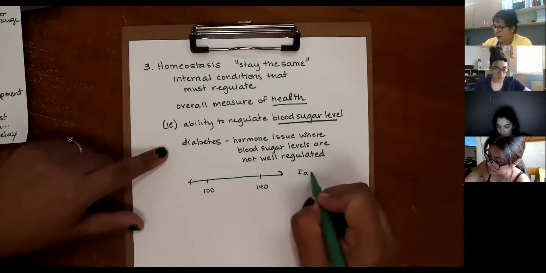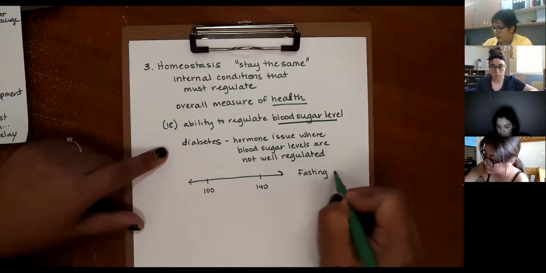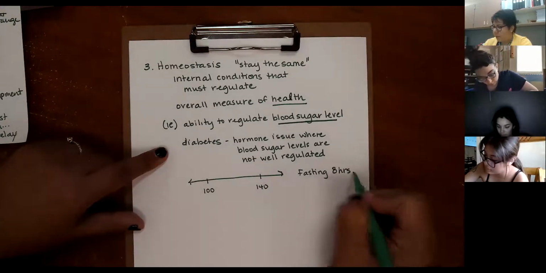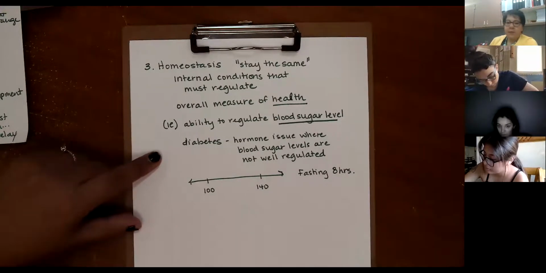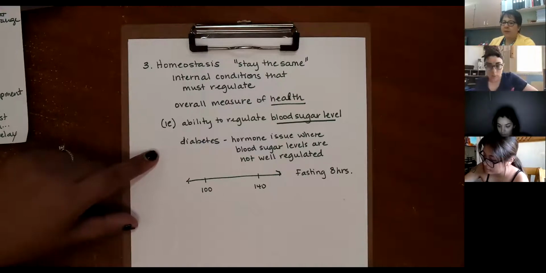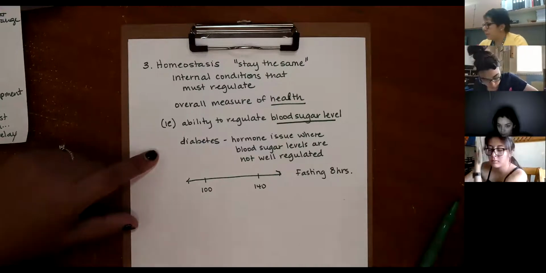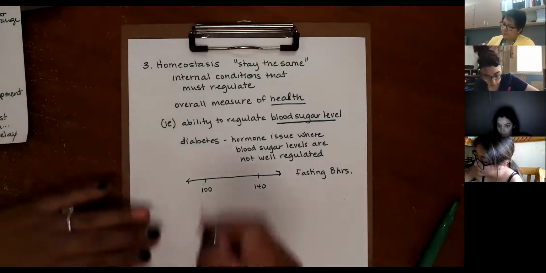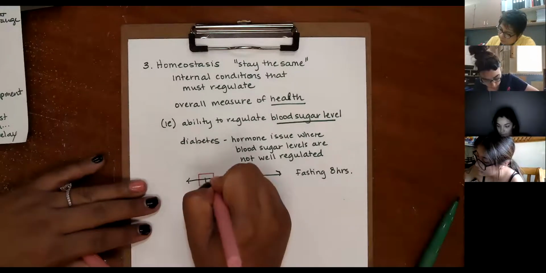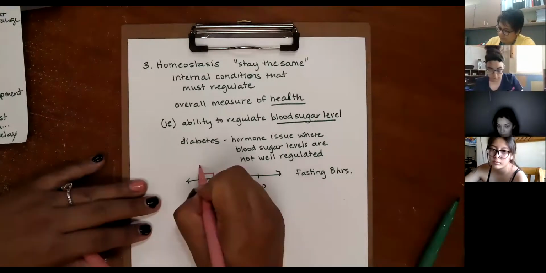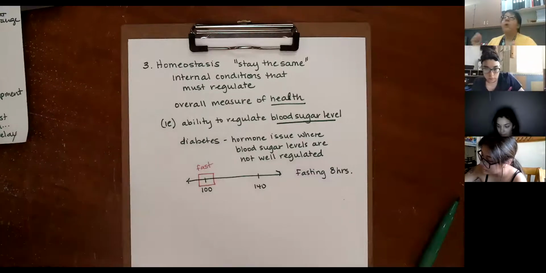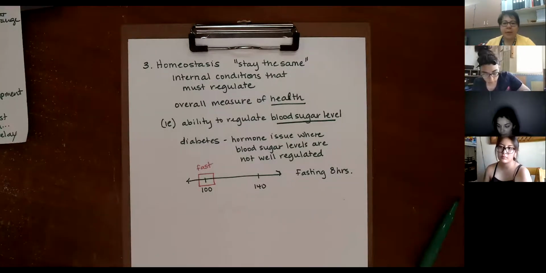So if you go to bed at night and you don't wake up until the next morning and you've been fasting for about 8 hours, the average person's fasting blood sugar level is somewhere around 100. That's after an 8-hour fast.